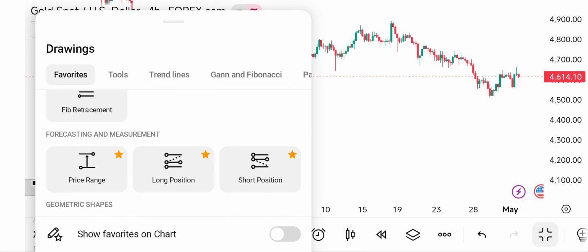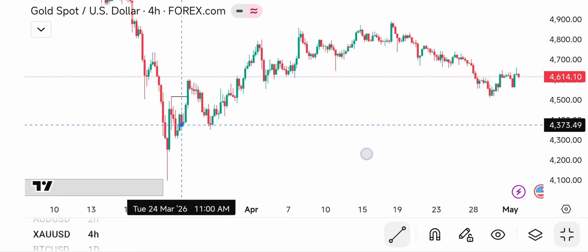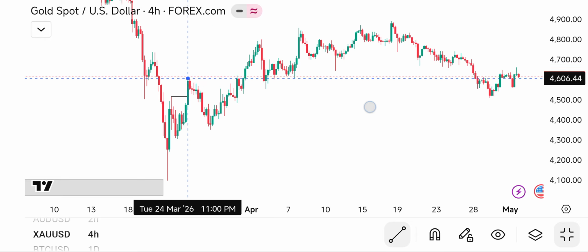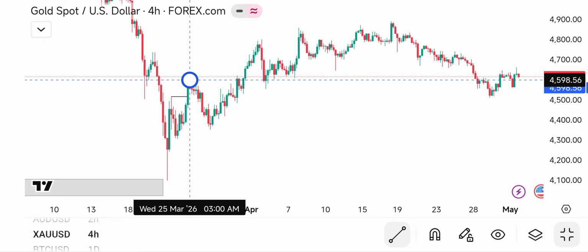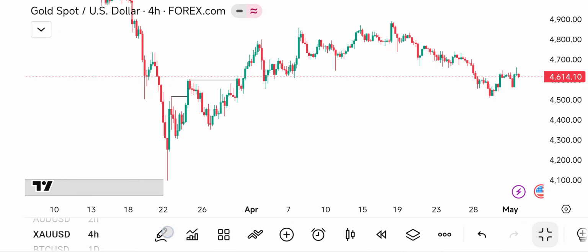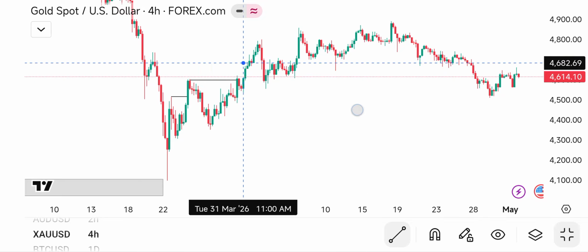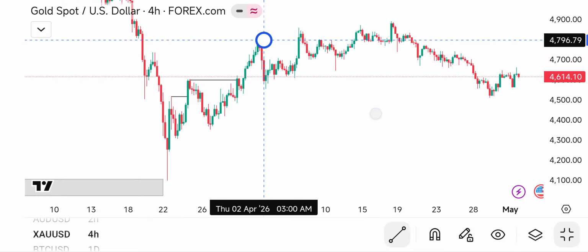So price tapped into the origin, which is here. Price tapped in and gave us another break of structure here. Another break of structure. So price came back, tapped into this origin and gave us another break of structure here.